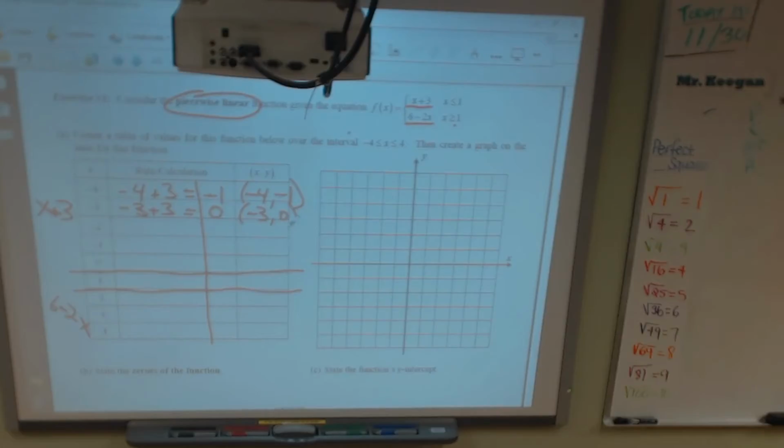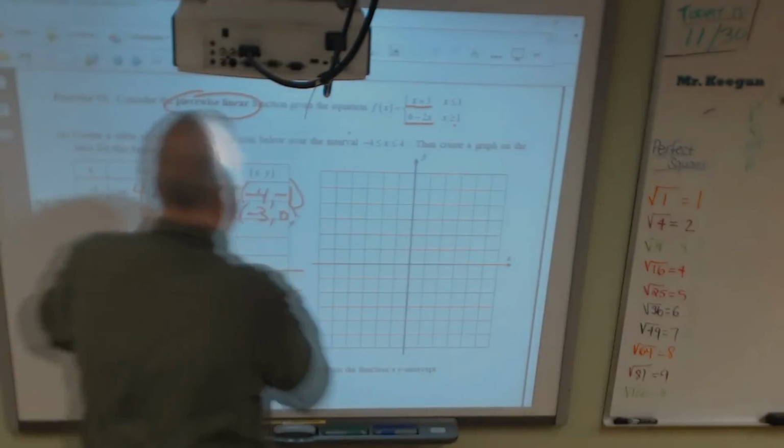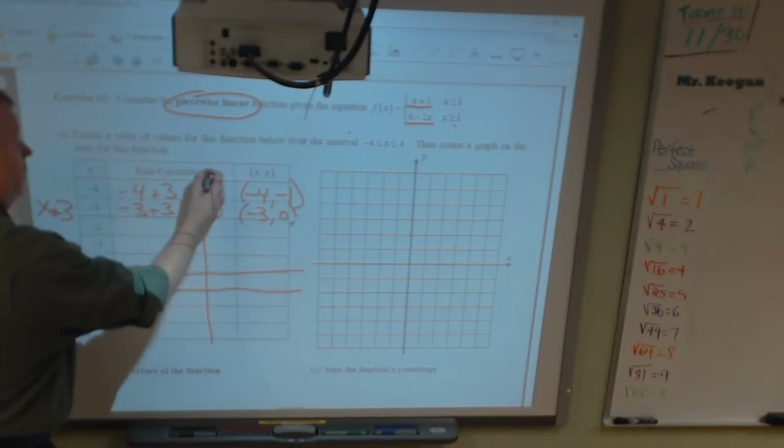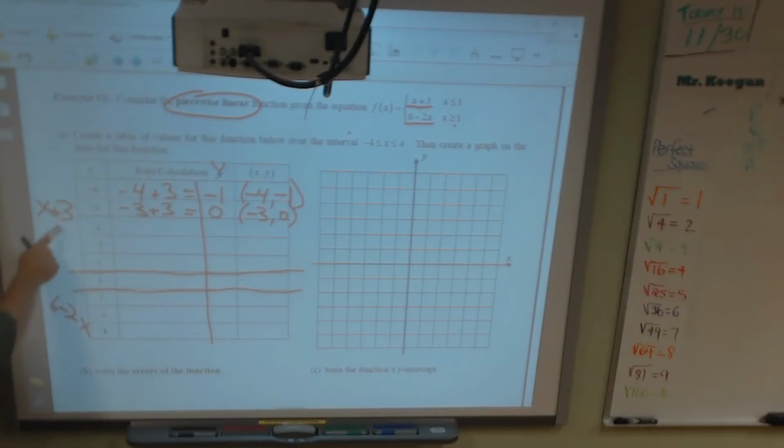You're just using the x value each time. That's the y value. I added a little column on the left-hand side to show you which rule to use.